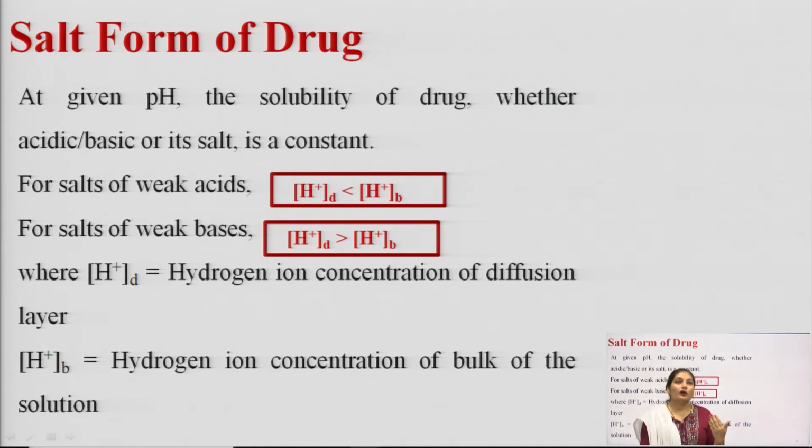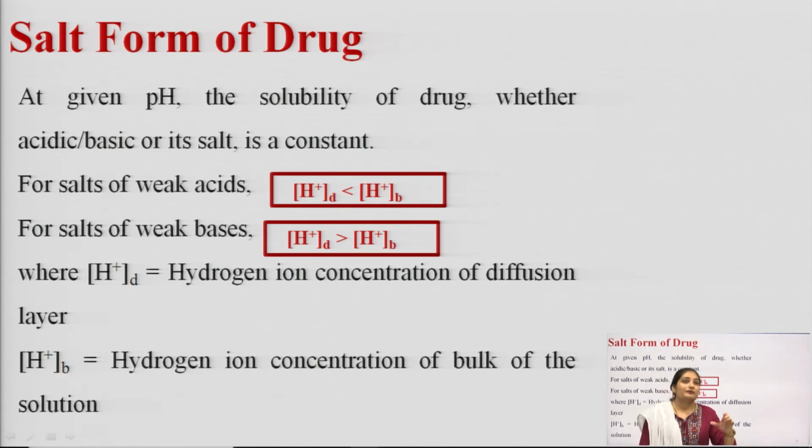Okay. Now, how can we convert them into their salt form? A weak acidic drug will combine with a strong base and be converted into a salt form, and a weak base will be combined with a strong acid, and then also the salt form will be produced. Okay. And this salt form has a better dissolution and solubility profile as compared to the weak acidic and weak basic drug. Okay.